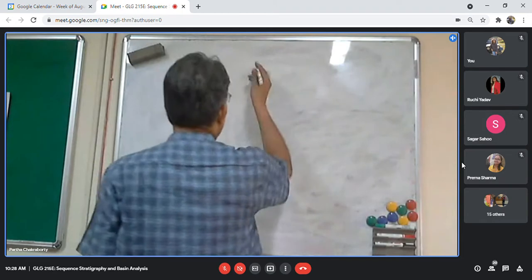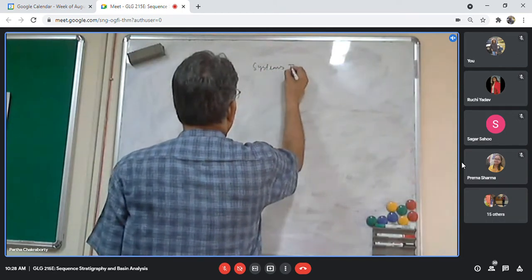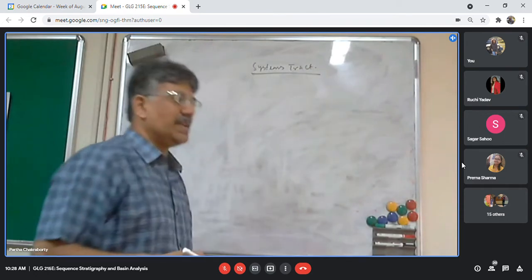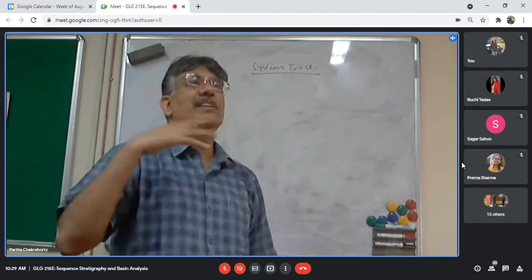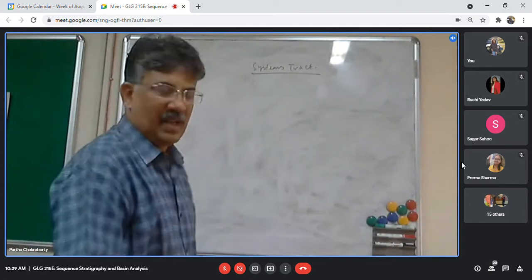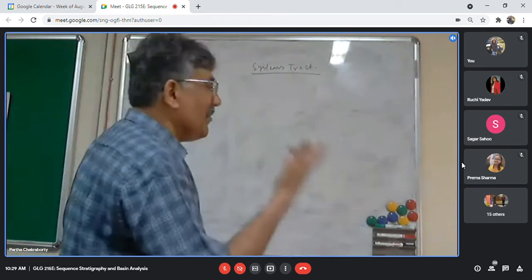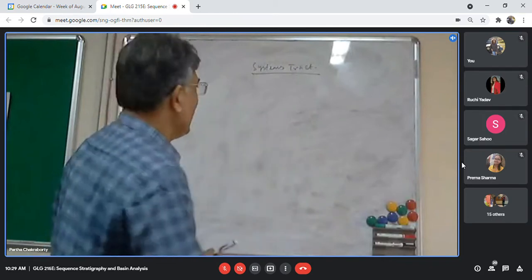Now we will discuss what is system tract and how forced regression, normal regression, and transgression are related to the different system tracts. That we will be discussing with respect to a relative sea level curve or relative base level curve.